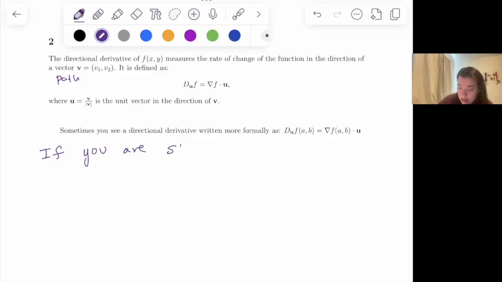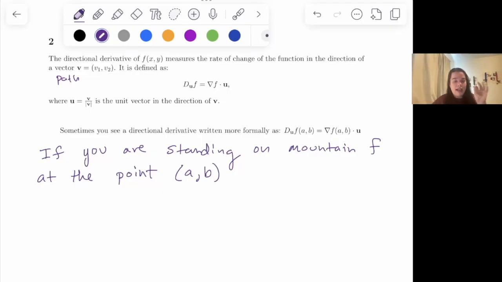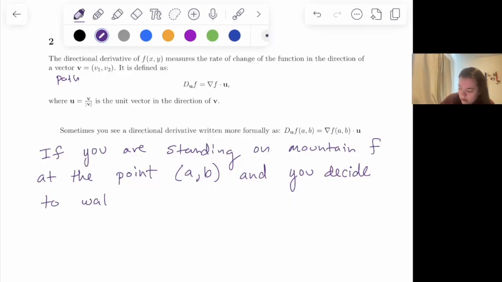if you are standing on mountain F, so that's your function, you're standing on mountain F at a certain point (a, b), and you decide to walk in the direction of some vector v.